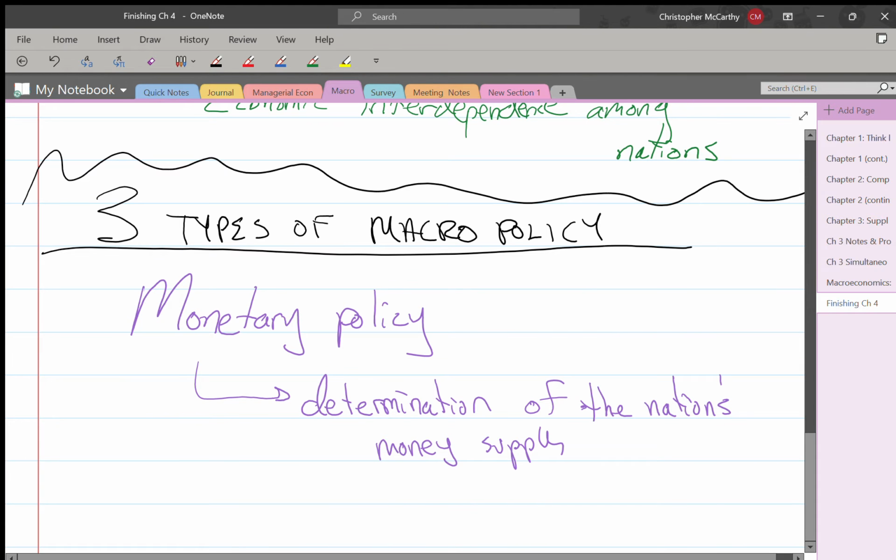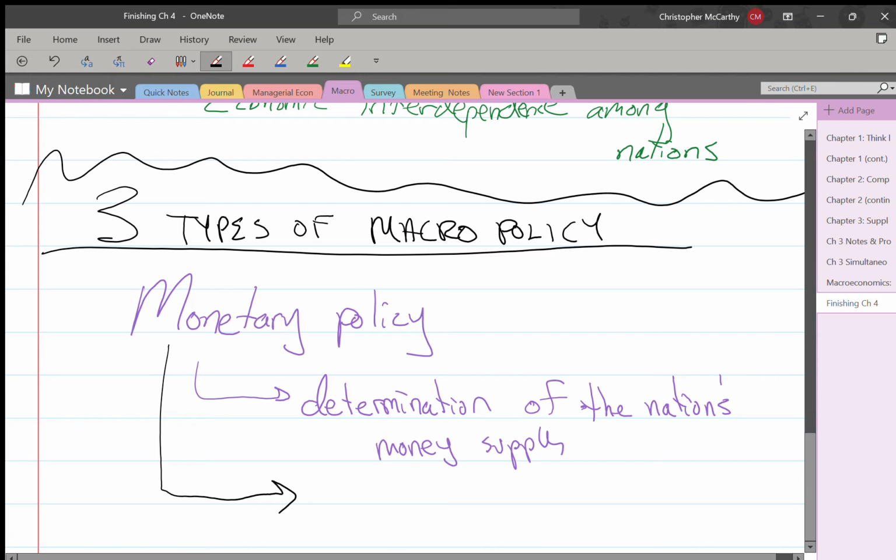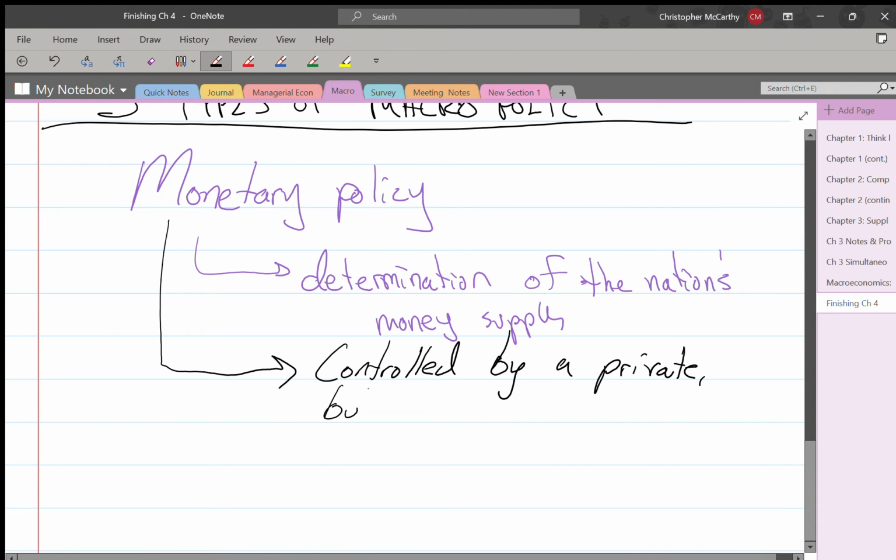And so this is something that's not controlled by our elected representatives. It's not something that we vote for, like the Senate and the House, or our local judges or the president, right? This is controlled by a private but government oversight, so government controlled entity.